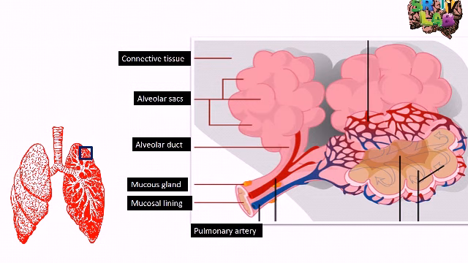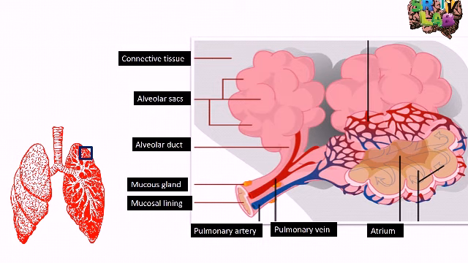Here we see the pulmonary artery. It is in blue color, which is the opposite of the other circulatory system, because it carries deoxygenated blood from the heart to the lungs to get oxygen. Then the pulmonary vein is in red color because it carries oxygenated blood from the lungs to the heart.